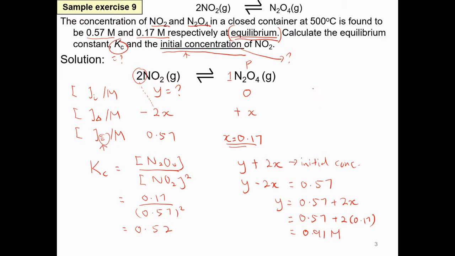So same thing again, always start with the reversible reaction equation, fill up the ICE table, and then for Kc, remember to write the constant expression and don't forget the power. Okay, so that's all for the examples shown for the ICE table.